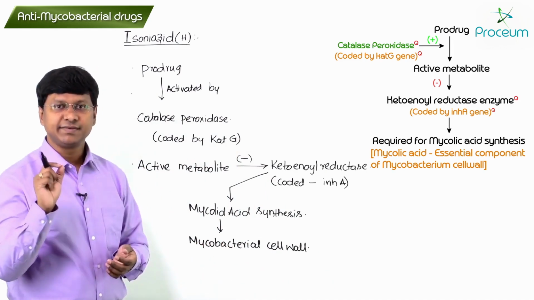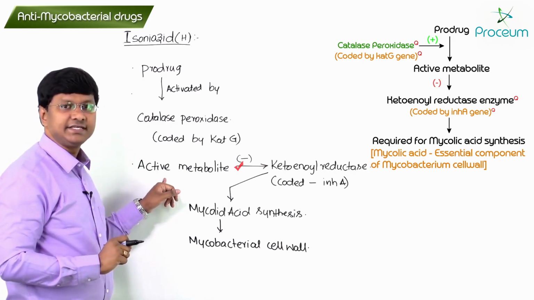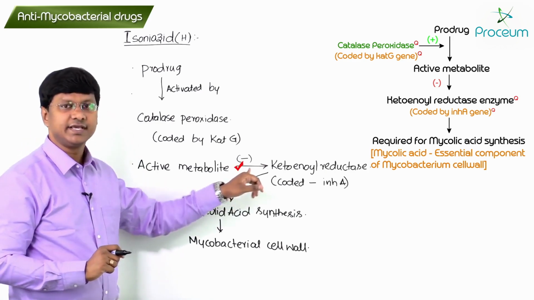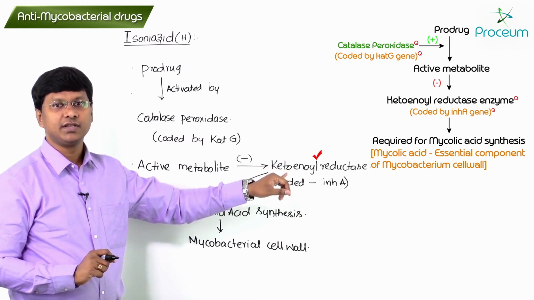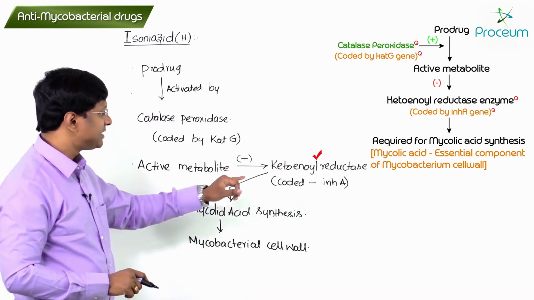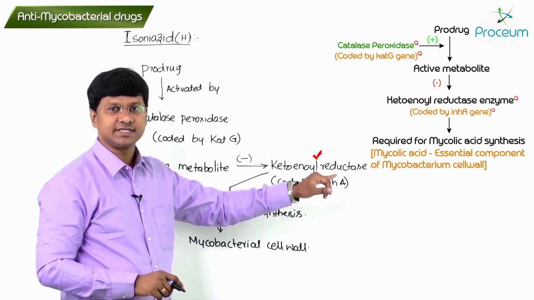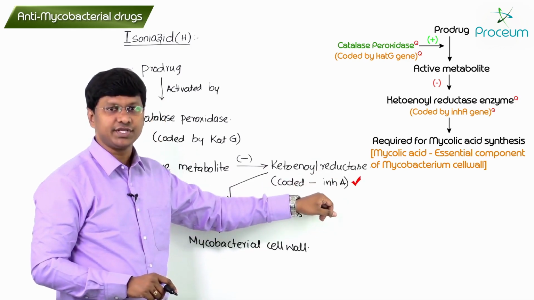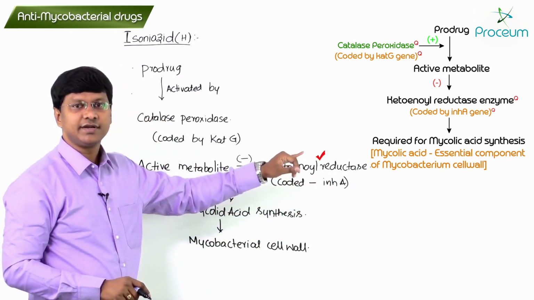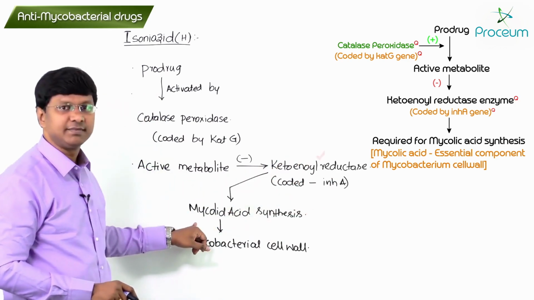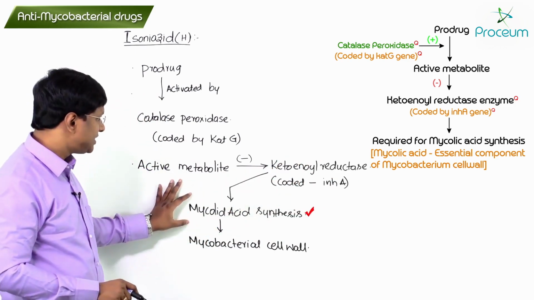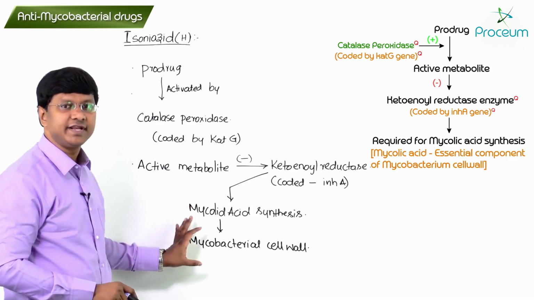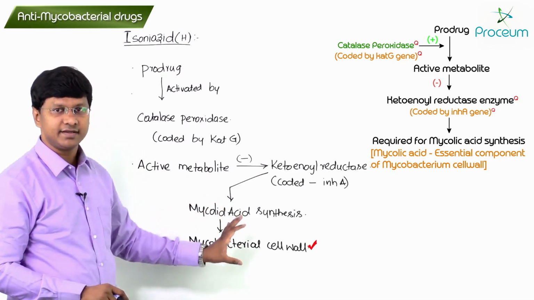Next, if you see the mechanism of action, the active metabolite inhibits the enoyl reductase enzyme, which is coded by INHA and is required for mycolic acid synthesis, a very essential component of the mycobacterial cell wall.